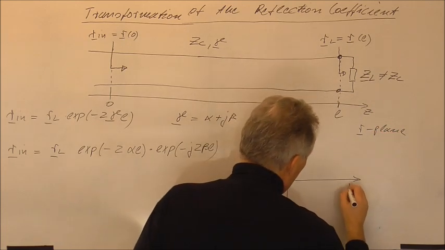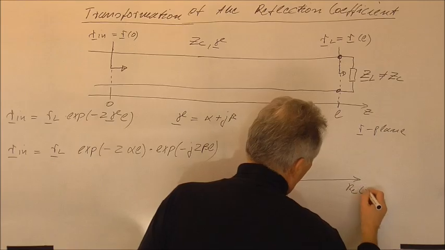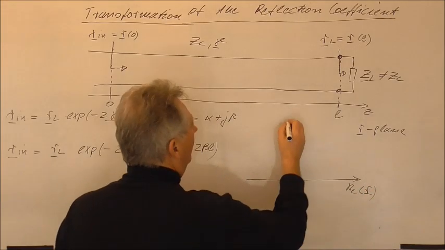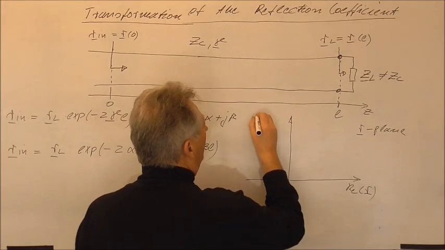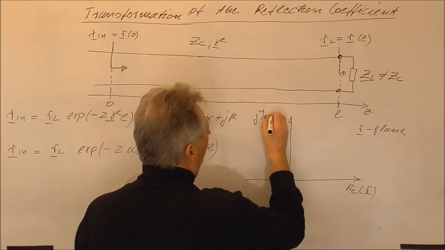We have here the real part of R, and here we have j, the imaginary part of R.